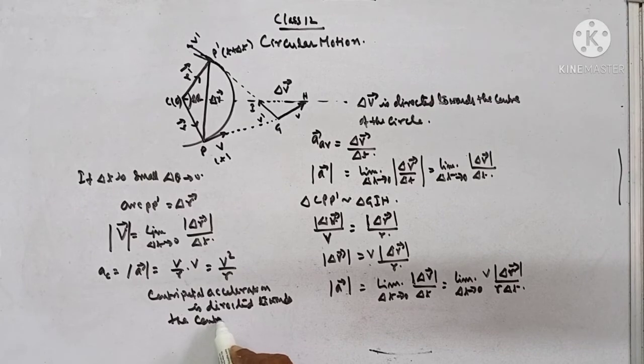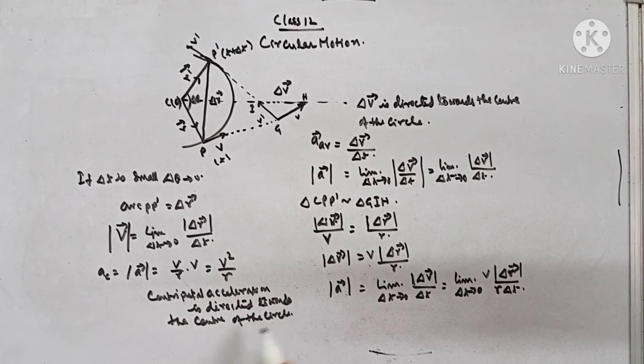It is directed towards the center of the circle. This is the formula for centripetal acceleration.